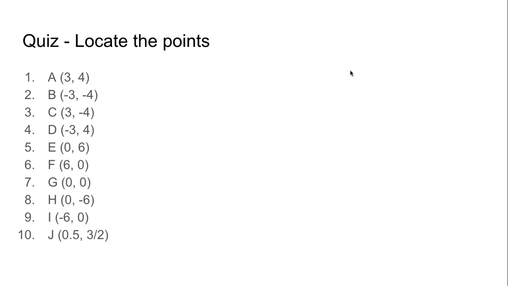So I will write fourth quadrant. You find the answers to all the 10 points and then take a picture and send it to me, or after you have found the location for all the 10, type it in the chat. You will have just 5 minutes to complete this. I'm waiting for your answers.